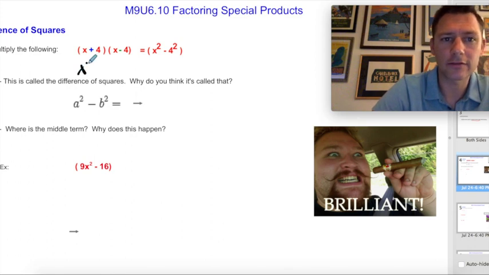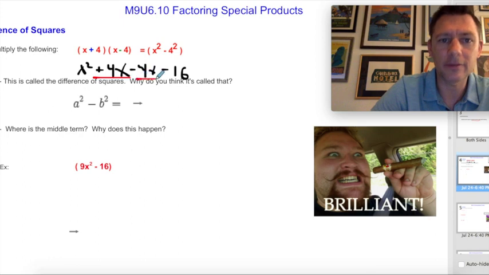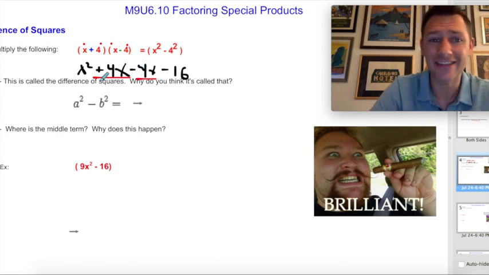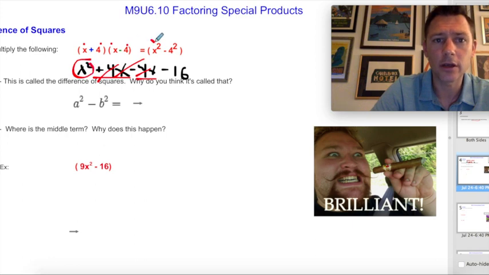So you get x squared, 4x, minus 4x, and minus 16, right? This piece and this piece are the exact same because you used an x and a 4 and an x and a 4. The only difference is they're opposite signs, so they cancel out. You don't see those. You just see x squared, ka-ching, and 4 squared, ka-ching, right?